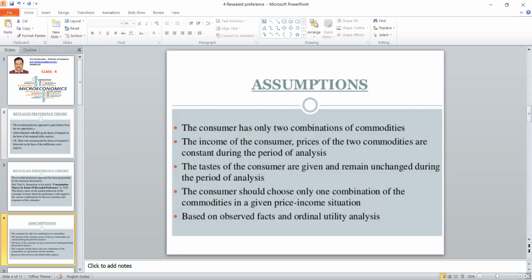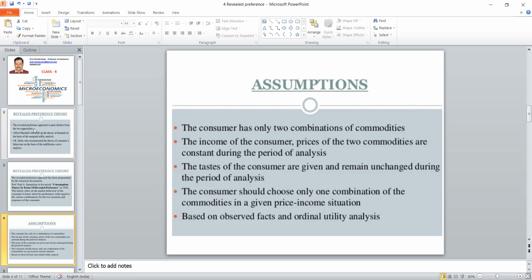The fourth assumption is that the consumer should choose only one combination of the commodities in a given price and income situation. There are possibilities of different combinations, but we assume that he chooses one particular combination only, then only is it possible to understand how he revealed the preference.